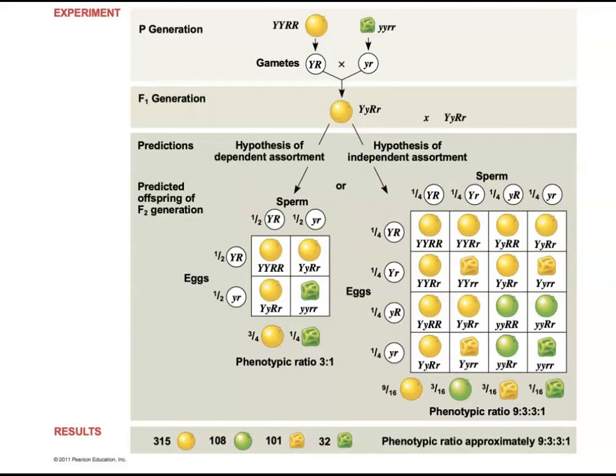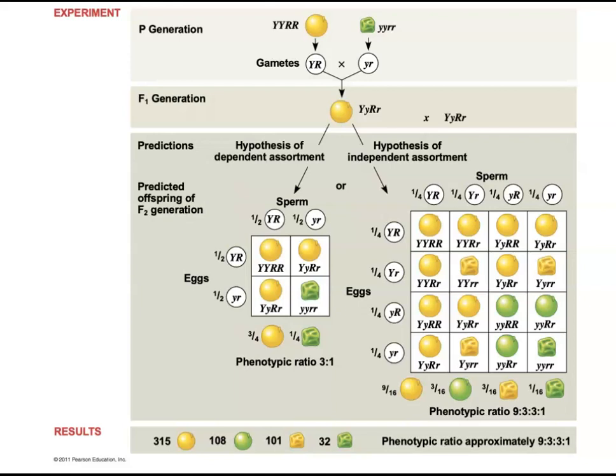On the left, if no independent assortment was allowed to occur, then alleles that were inherited together in a gamete would remain together as they got passed down the generations. The parental gametes are big Y, big R, and little y, little r.